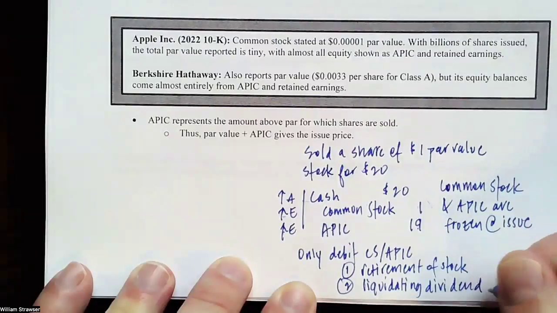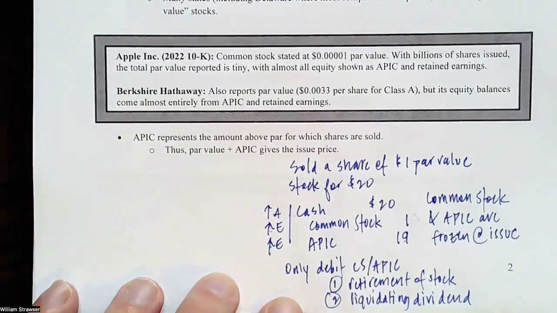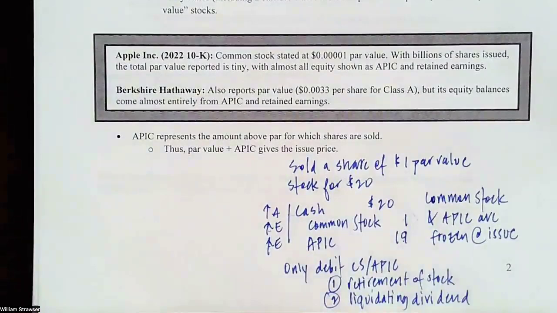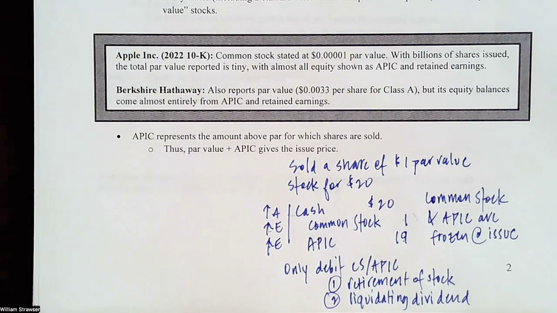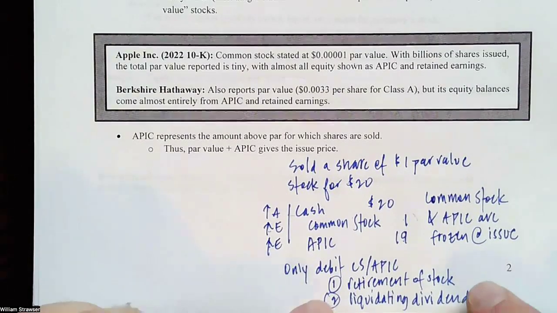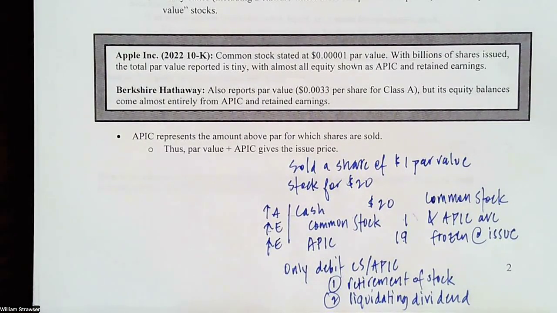We'll see in a second when we start talking about repurchases that repurchases do not debit common stock and APIC. We use a different account. We use a contra account for that. So the only times that we see common stock and APIC go down are under retirements of stock, liquidating dividends, and then maybe obscene amounts of share repurchases. But we'll get to that in a bit.